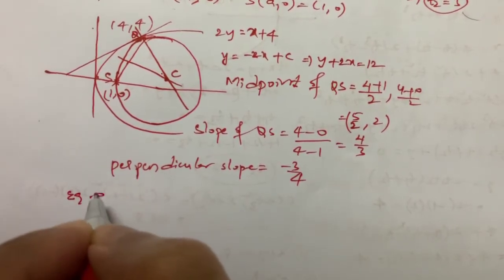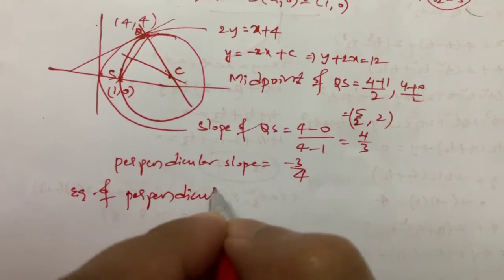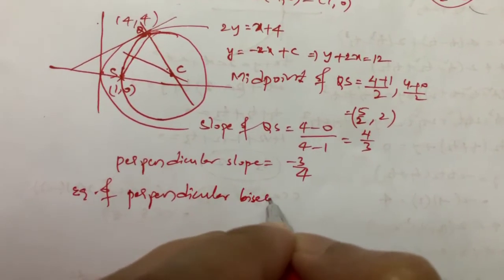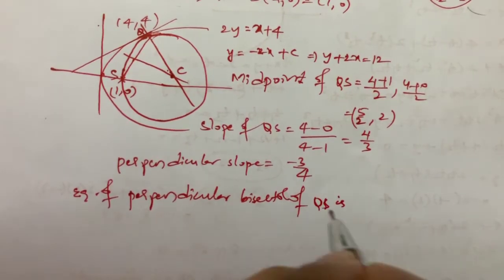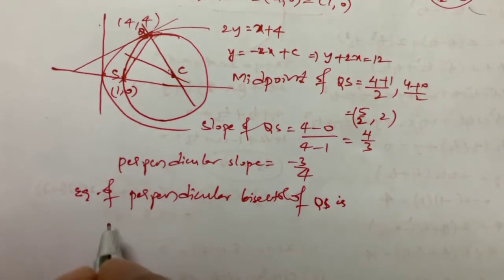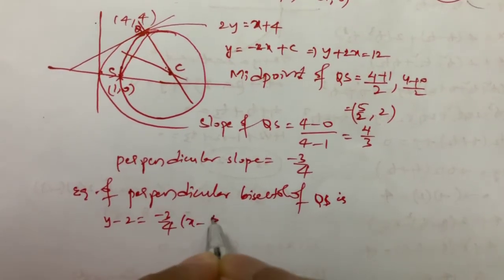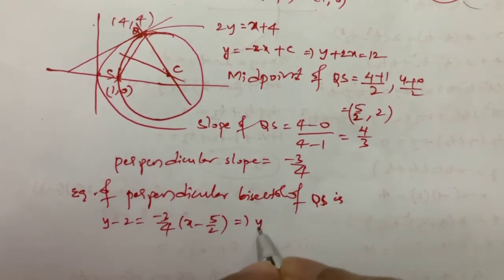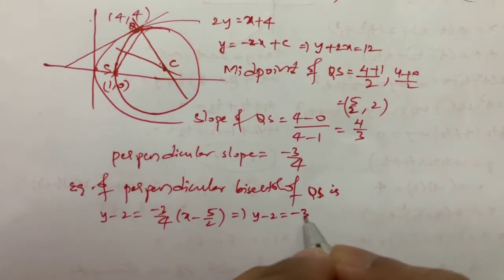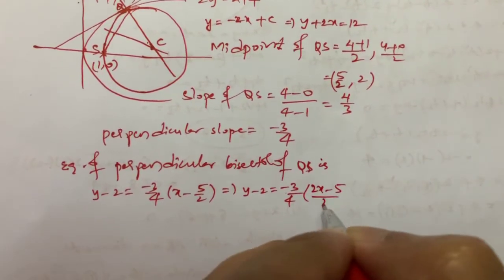So the equation of the perpendicular bisector of QS is y minus 2 is equal to minus 3 by 4 into x minus 5 by 2. If I simplify this, y minus 2 is equal to minus 3 by 4 into (2x minus 5) by 2.